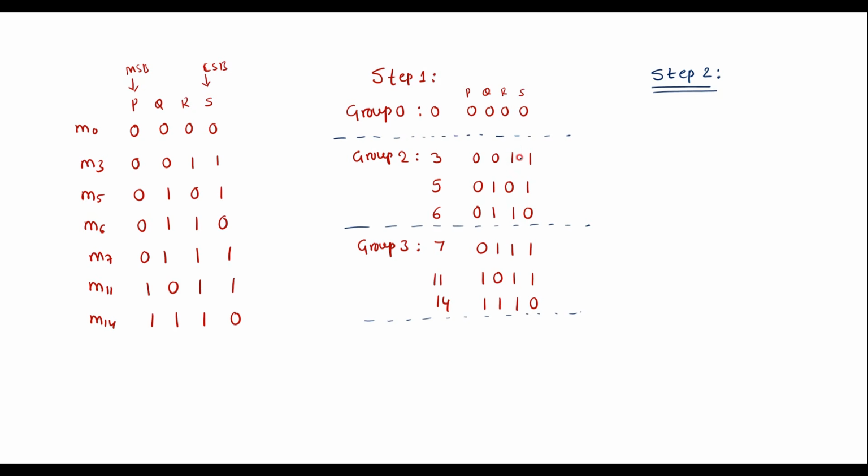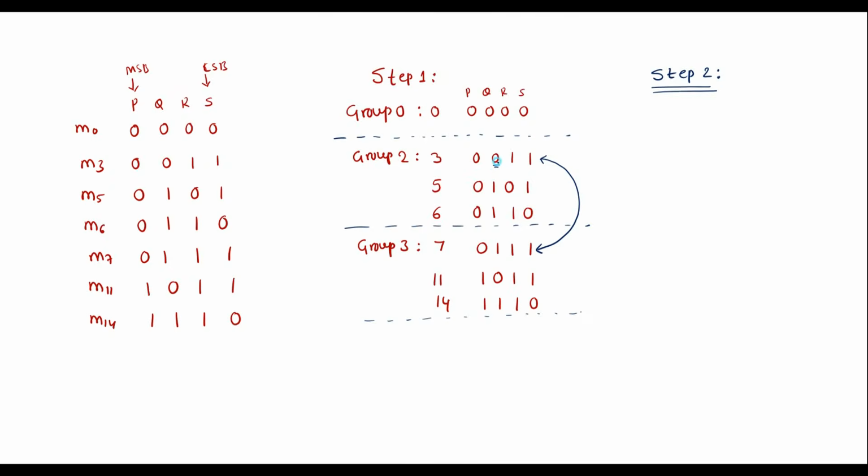For example, here I will compare 3 with 7. In 3 and 7, we can see that it is 0, 0, 1, 1 and 0, 1, 1, 1. So the first bit is 0 in both, the same. The next bit here is 0, but here we have 1.